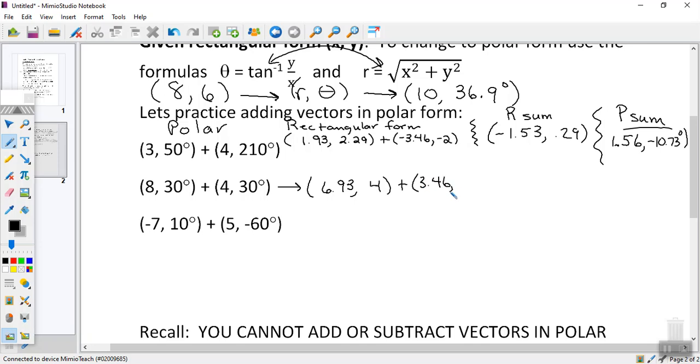Okay. So there's a conversion of polar points to rectangular points. Now we can add them. So somebody do the 6.93 plus 3.46. 10.39, comma 6.